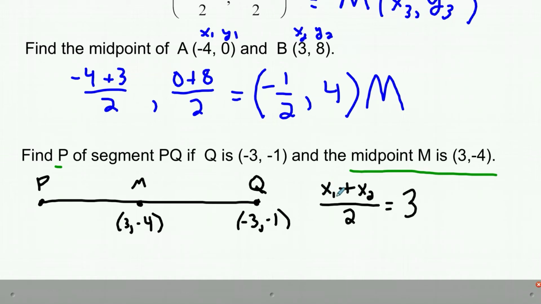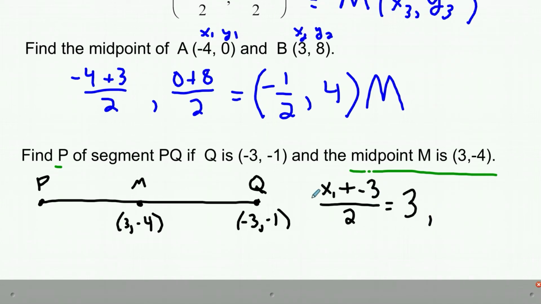So when I add the two x's together and divide by 2, I'm going to get 3. But here's the other thing: I actually know what one of those x's is. We know that x2, the x value for this endpoint right here, is -3. Now this is an equation that I can actually do math with and solve.